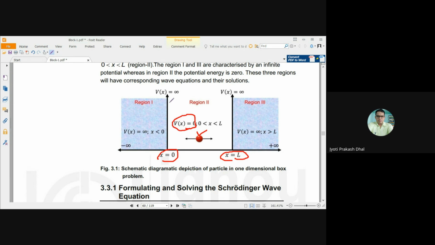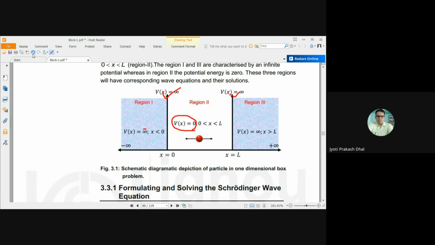And on the wall, and also outside the wall. So this is the left-hand side wall where x equals 0, and this is the right-hand side wall where x equals L. So on the wall and outside the wall, the potential energy is considered to be infinite, but inside the box, the potential energy is considered to be 0.